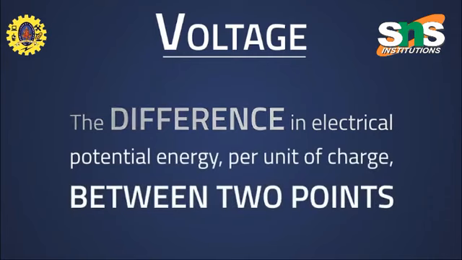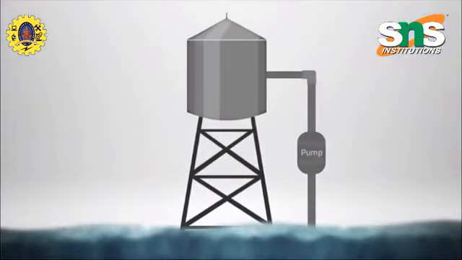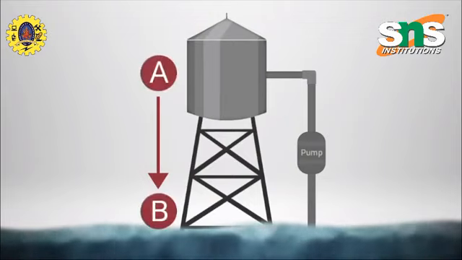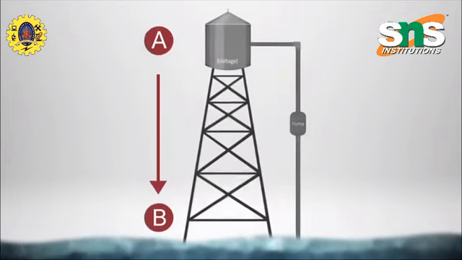The 2 points, for example in a DC power supply, are the anode and the cathode, but in an AC power supply they are the phase and neutral. We consider these points A and B, where A is the topmost point and B is the bottommost point.